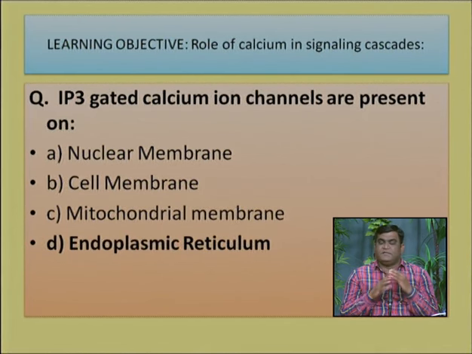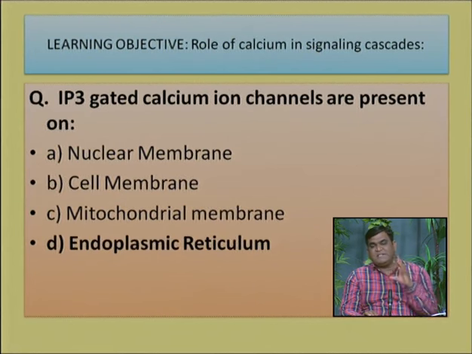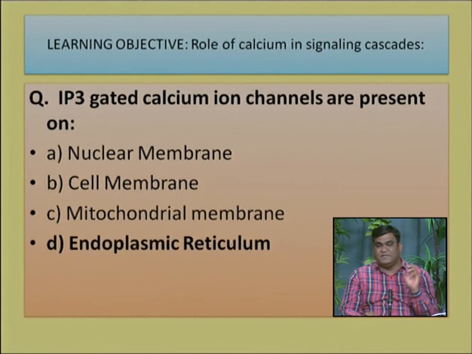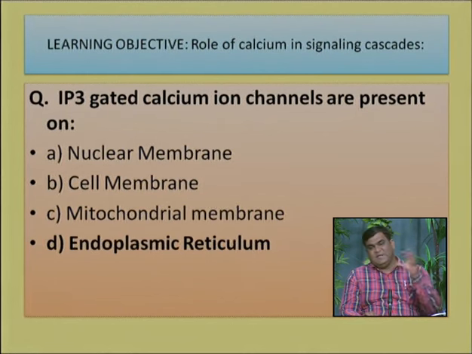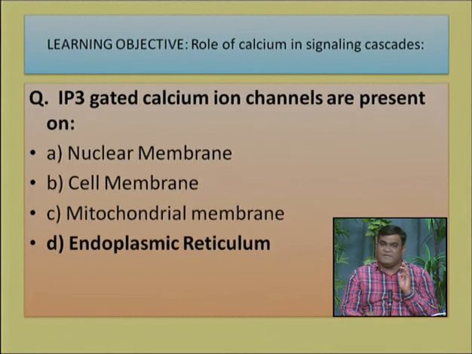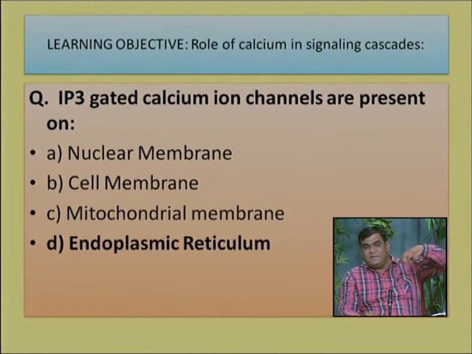So whenever there is extra calcium in the cytosol, there are machineries that pump these calcium ions into the lumen of the endoplasmic reticulum. In this manner they are sequestered from the cytosol into the vesicles or the endoplasmic reticulum. And then they are gated by IP3 channels.